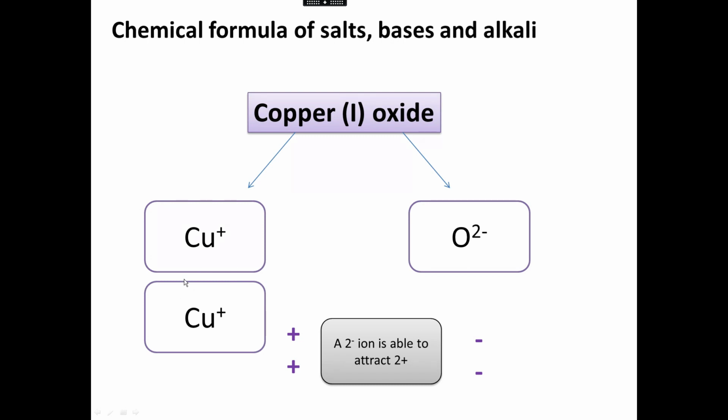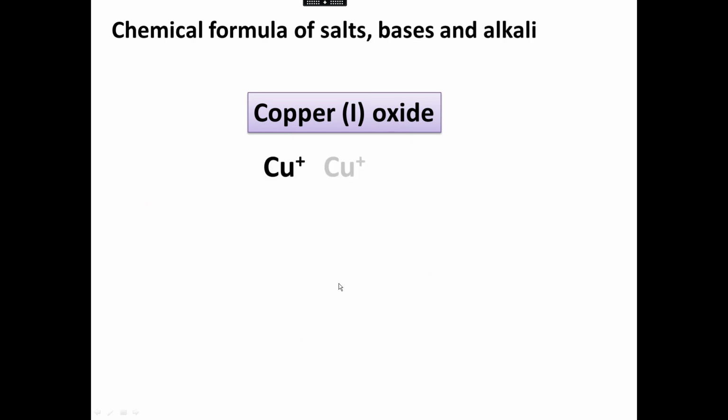So actually O2- will be able to attract 2 lots of Cu+. Okay, 2 pluses attract to 2 minuses. Now what that means is if O2- is attracting 2 lots of Cu+, then we need to write a 2 next to copper. So oxygen this time will attract 2 lots of copper because copper is only 1+, as shown by copper(I) oxide. Therefore, copper(I) oxide has the formula Cu2O.